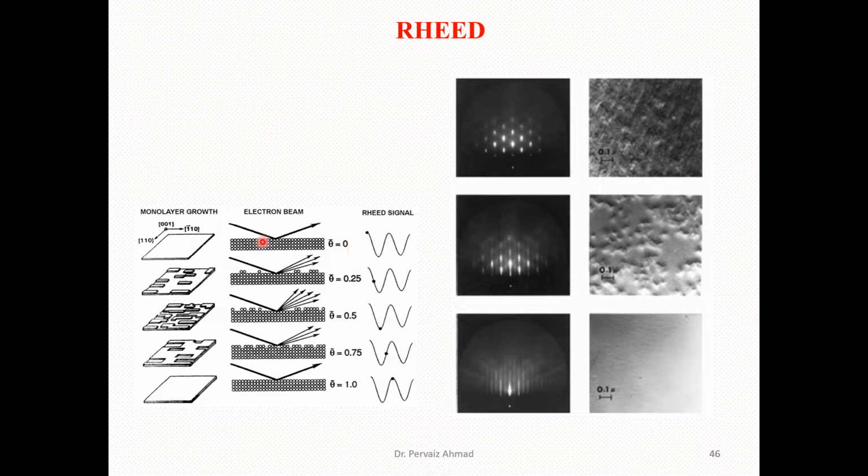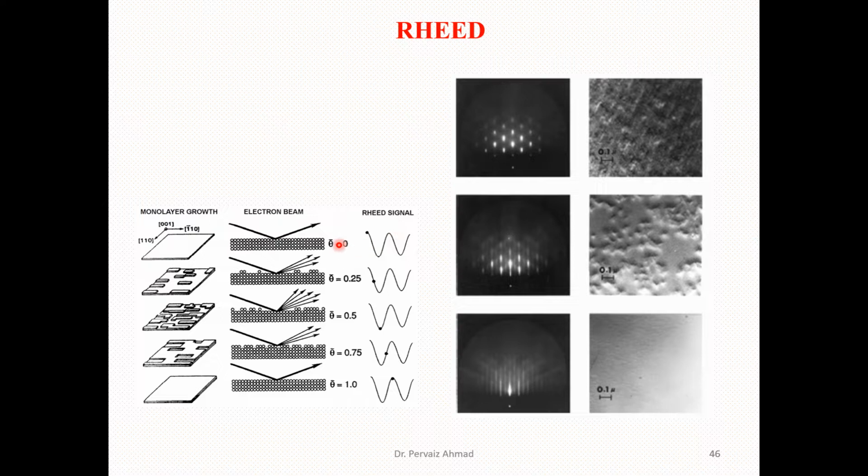In that case, you can see here we have the substrate, and upon the substrate, just like you can observe here, we have atoms or layers deposited. In such conditions, we can have the RHEED signal in this particular form. This is the RHEED signal.